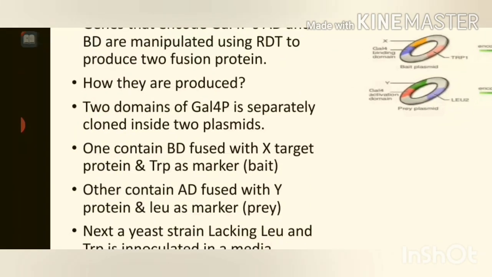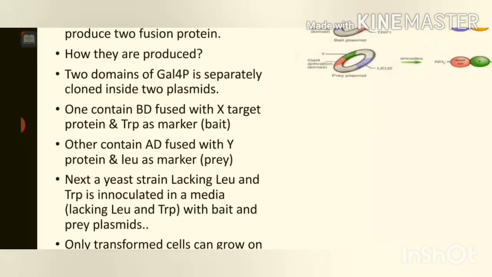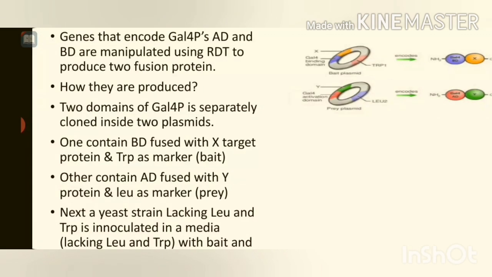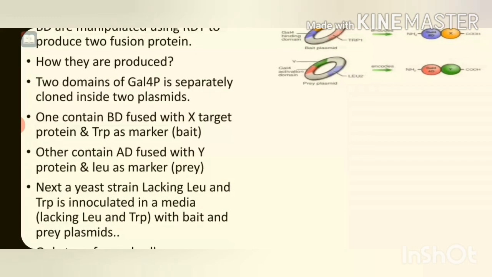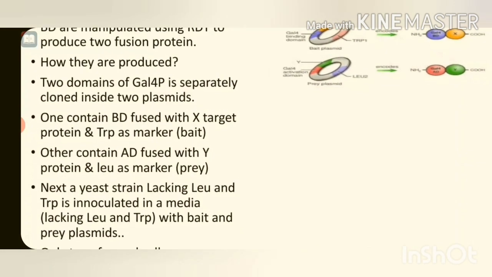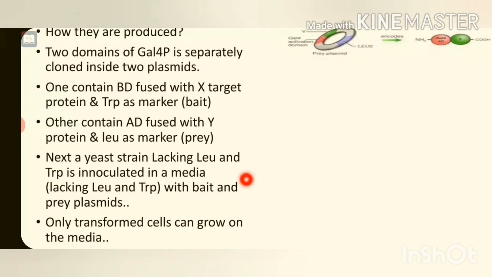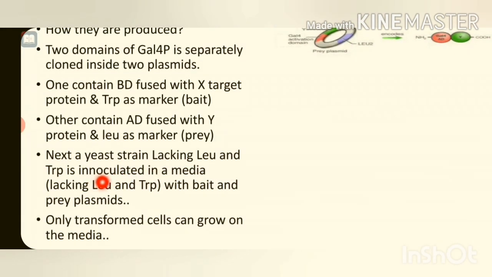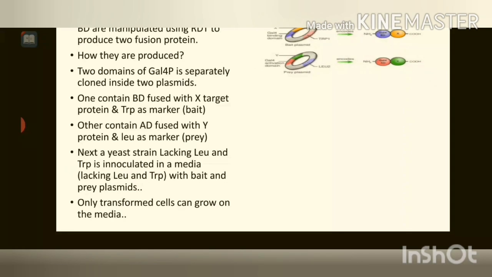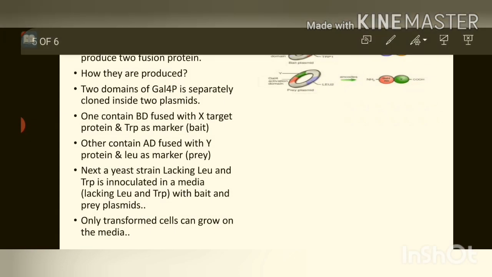Next, a genetically modified yeast strain lacking leucine and tryptophan is inoculated with the bait and prey plasmids in a media lacking leucine and tryptophan. So what is happening?